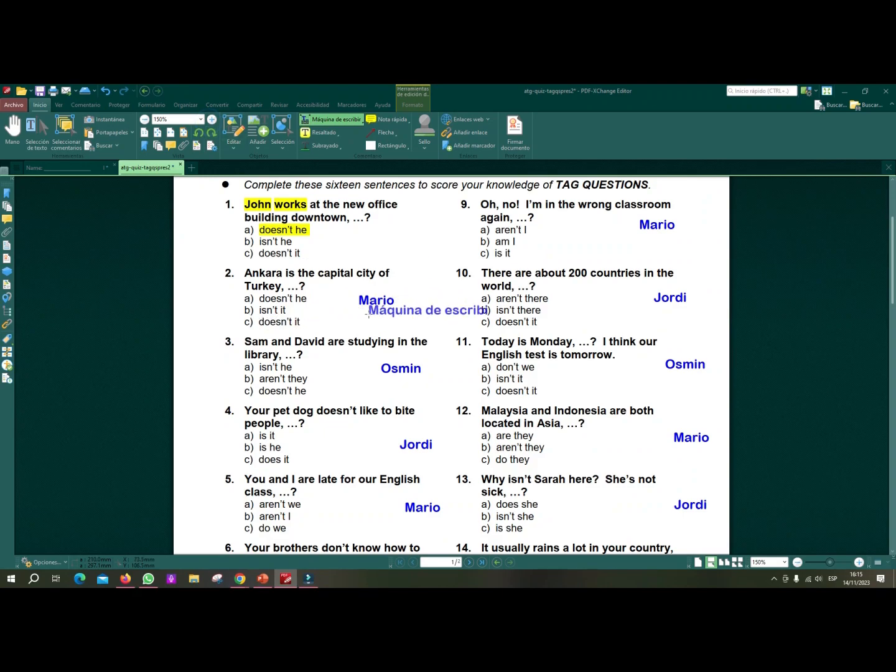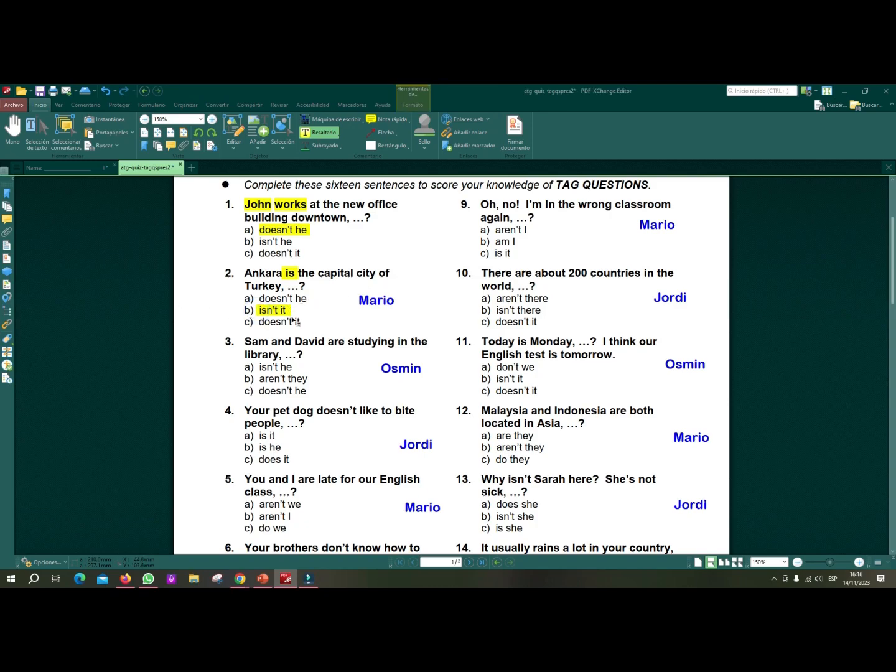What about number 2, Mr. Mario? Read the whole sentence and tell me the answer. A, B, or C? Ankara is the capital city of Turkey.